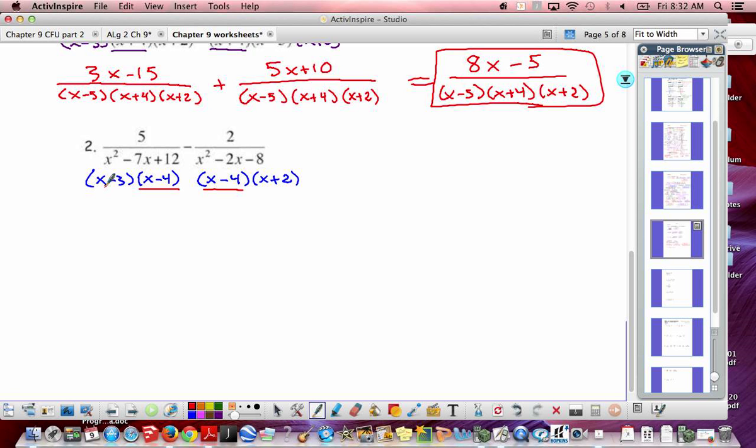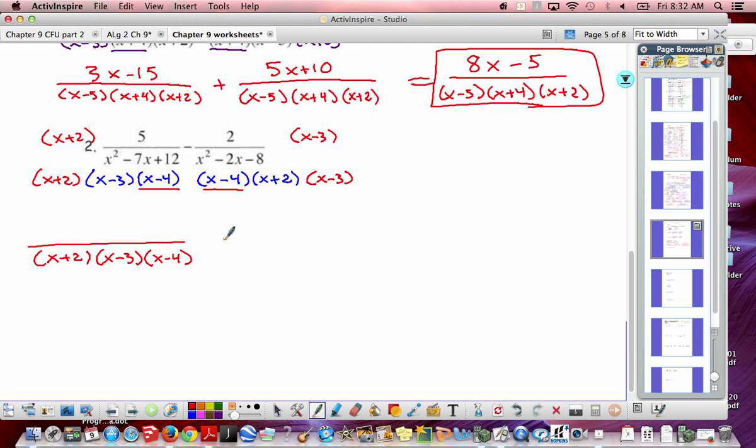This one has the x minus 3, and this one doesn't, so this one needs it. This one has the x plus 2, this one needs the x plus 2. So I do top and bottom. My common denominator here is x plus 2, x minus 3, x minus 4. So I'm going to write that for both of them.